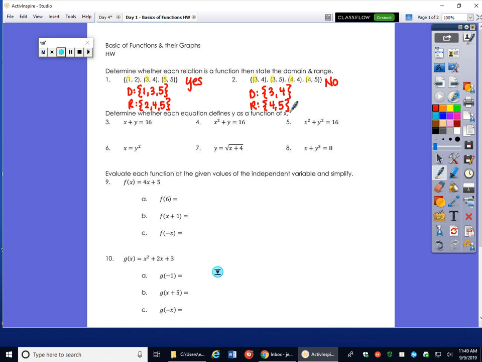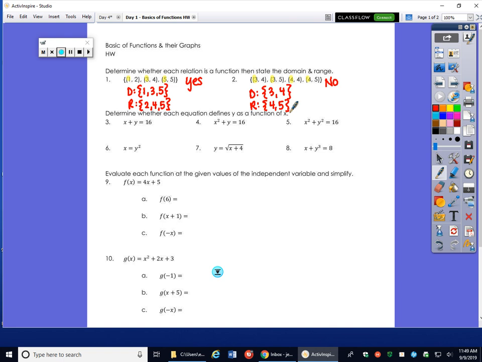All right, 3 through 8, we are determining if something is a function or not. And this time, we don't have a table, we have an equation. So in class, we talked about the fact that x squared graphs are parabolas, and parabolas are functions because they pass the vertical line test.